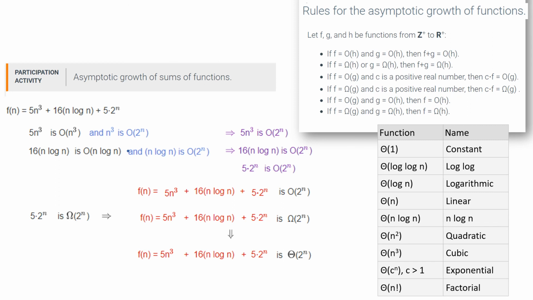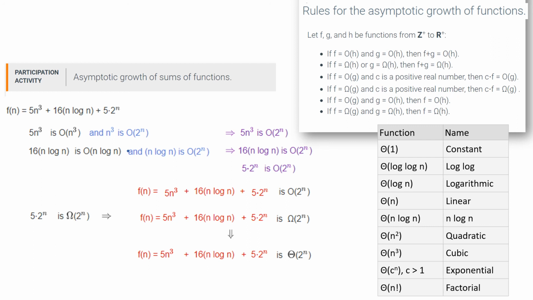Now this participation function here, I want to briefly talk about. They don't really talk about what they're doing and why, but I wanted to give you a little rule of thumb. If you look down here at the bottom, they're showing that this function is theta of 2 to the n. How would they have known to try to show this?